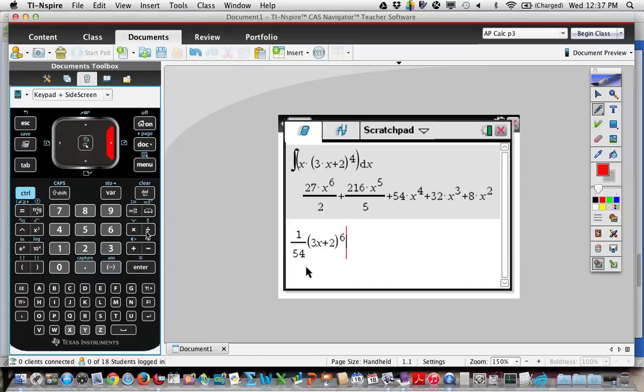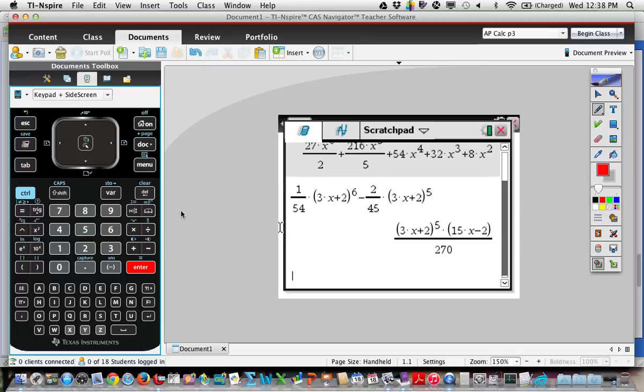What was it, minus, plus? Kind of slow because of the, oh, okay. And there we go. 2/45, 3x plus 2 to the 5th.